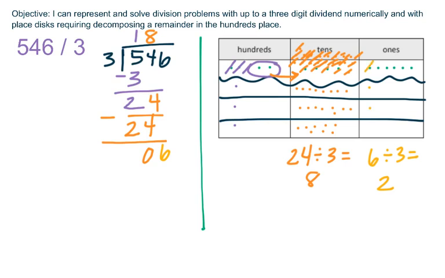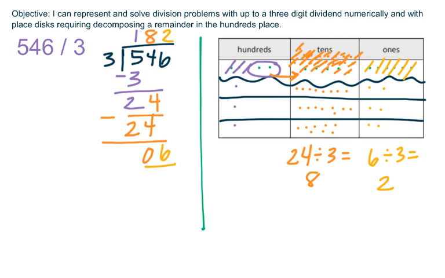So let's check here. And there we go. I've got 2 in each group with no remainder. So of my 6 ones that I divided by 3, I have 2 in each group.